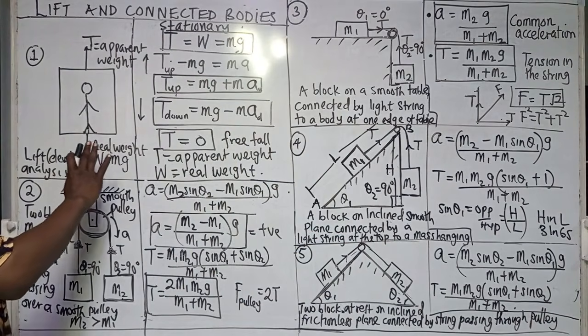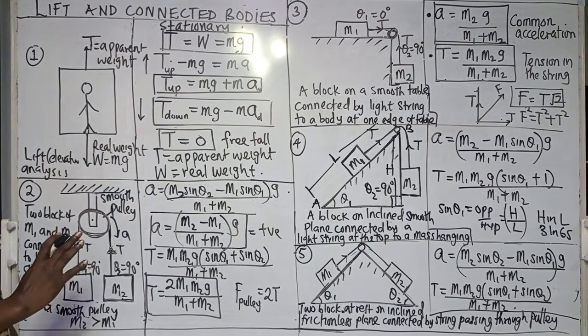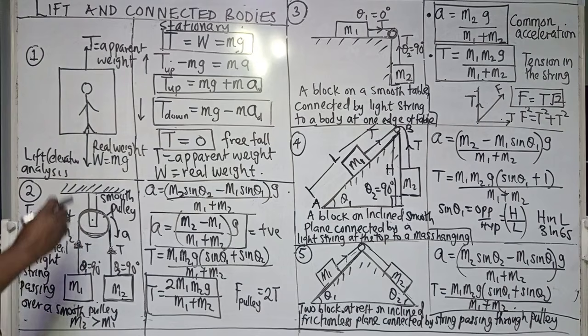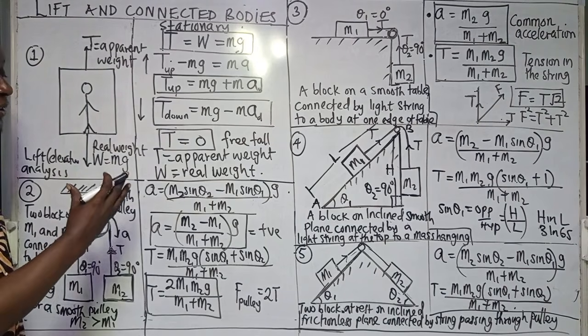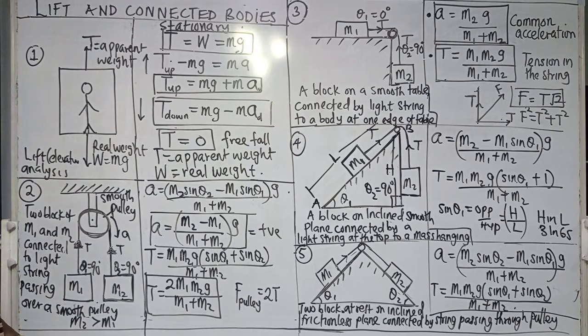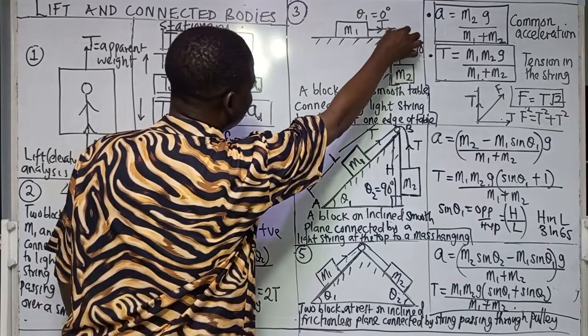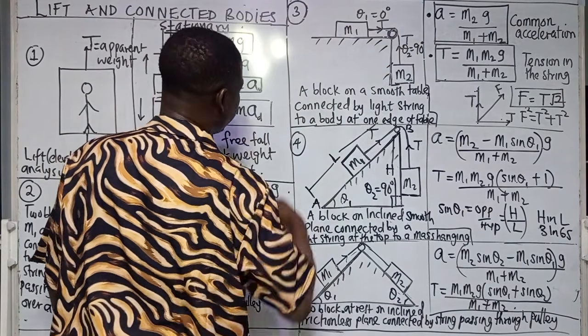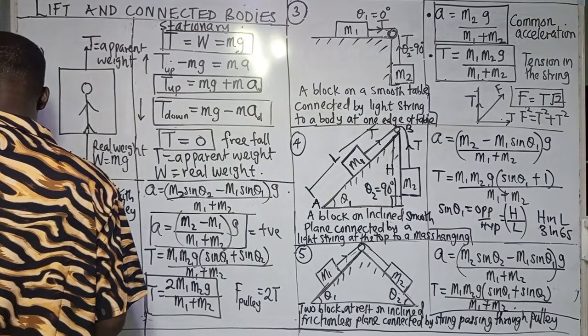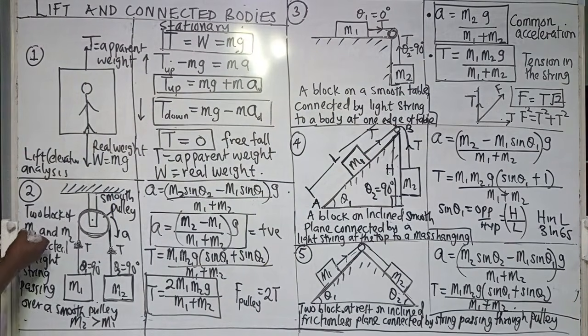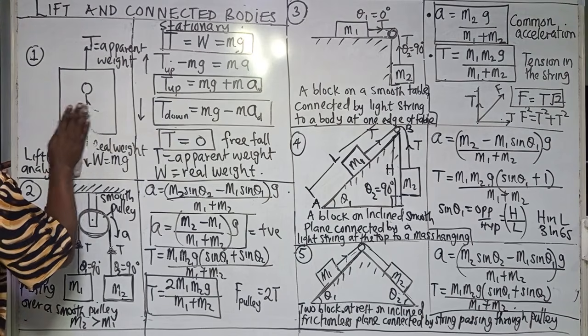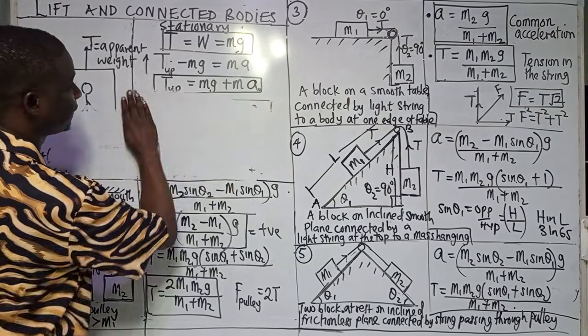But what I want to do now is go into the last part, which is the three bodies on the table. We have one placed on the table. Then the two masses are now hanging freely. So that's what we are looking at now, the two masses hanging freely.